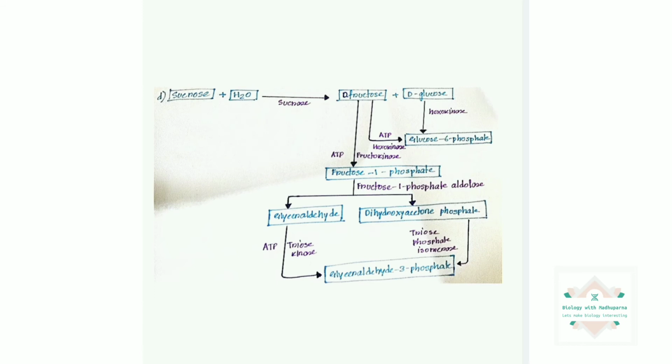Let's see. Glyceraldehyde can be converted into glyceraldehyde 3-phosphate with the help of the enzyme triose kinase, which will consume one more ATP. So this is the procedure by which fructose will be converted into any of the intermediates of the glycolytic pathway, which can further produce pyruvate out of it.